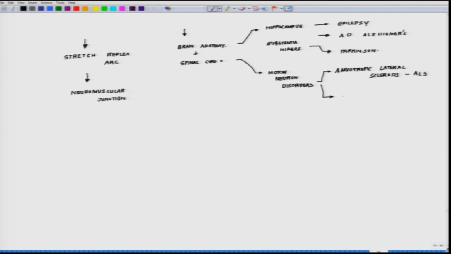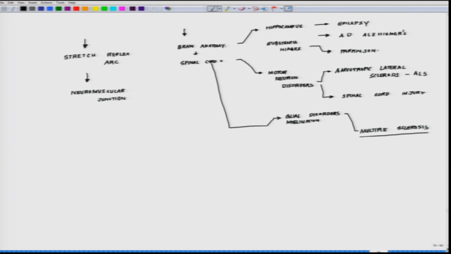Then we will talk about spinal cord injury, and within the spinal cord we will talk about glial disorders. Remember, I have introduced the glial cells. Glial myelination disorders, where we'll talk very briefly about multiple sclerosis.